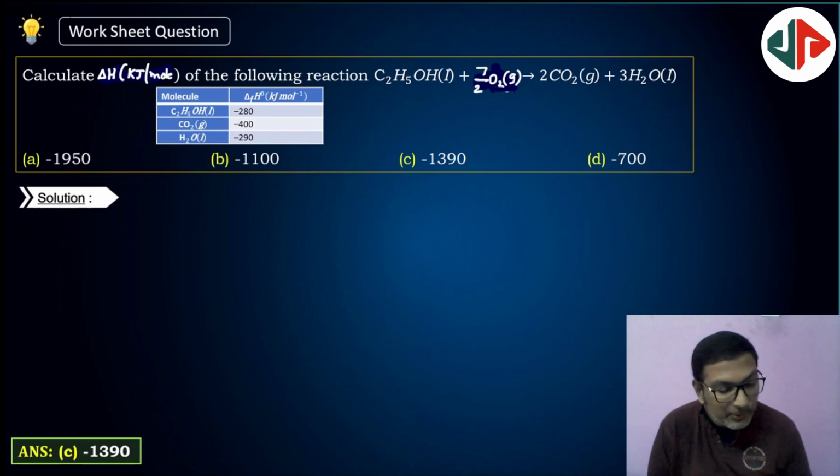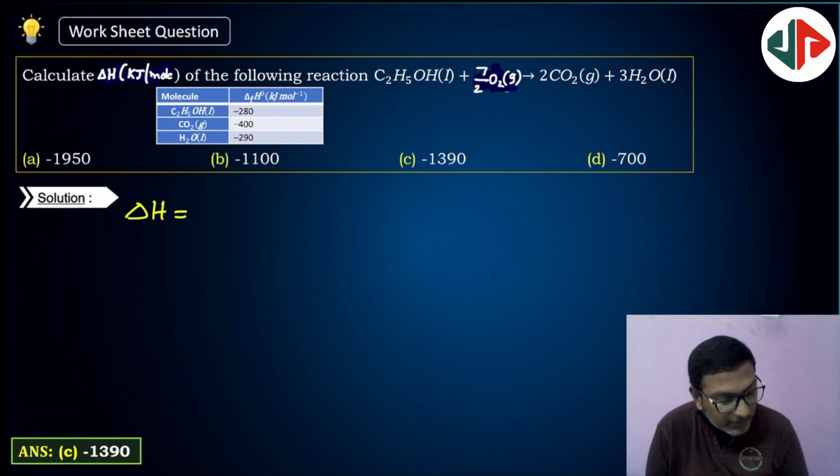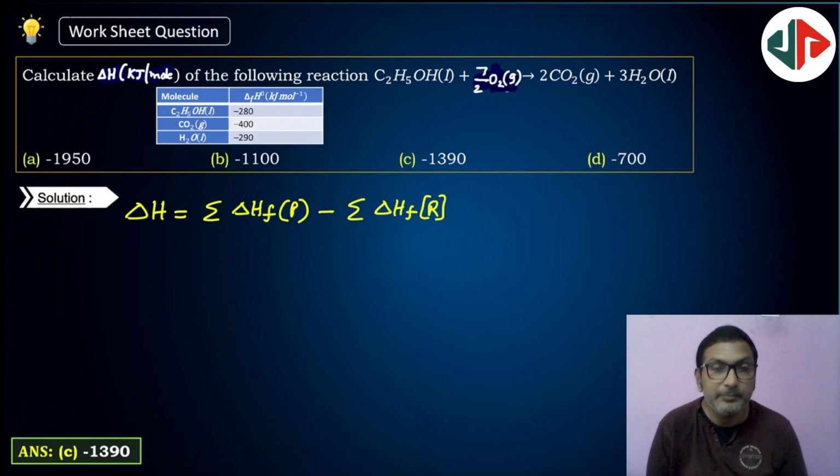So this is also an important question. Calculate delta H in kilojoules per mole of the reaction C2H5OH plus 7 by 2 O2 gives 2 CO2 plus 3 H2O. Your values are given. Delta H of reaction equals summation of delta H formations of products minus summation of delta H formations of reactants.